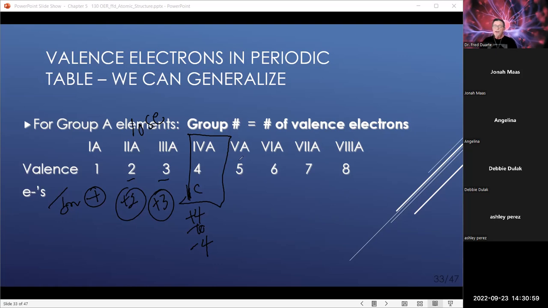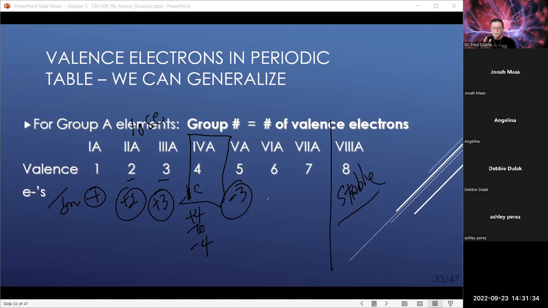Starting with group 5A, they have 5 valence electrons, and then going across 6, 7. Now we just established nothing's going to happen with the last one. You're stable. They don't want to do anything else. The group 5A elements will, for example, gain 3 electrons, resulting in a -3 charge. In gaining 3 electrons, now they got that magical 8.